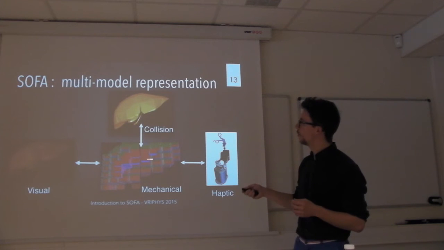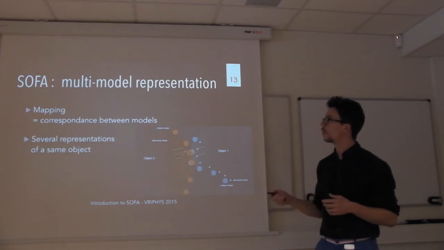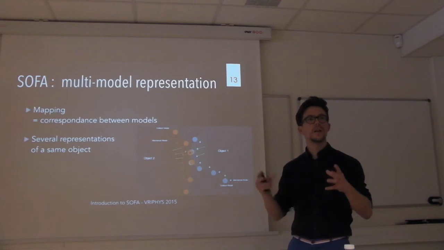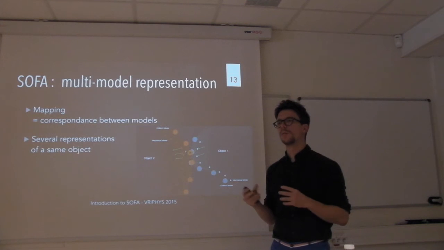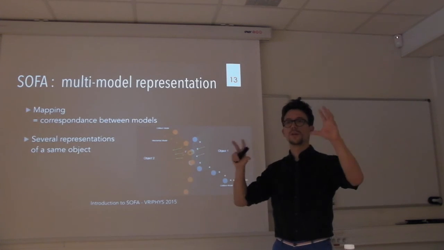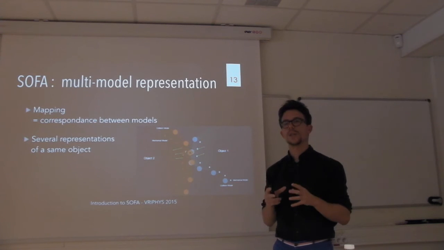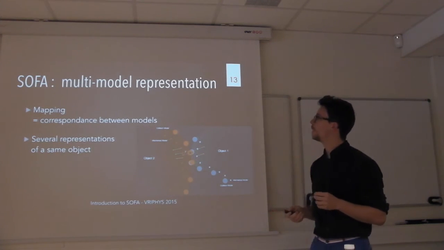So all these different representations are going to be linked to each other, which is what we call mappings, and those mappings are connecting together the different representations. So that's something very powerful in SOFA, which enables basically to have different representations of the same object and to have them linked together using that principle of mappings.